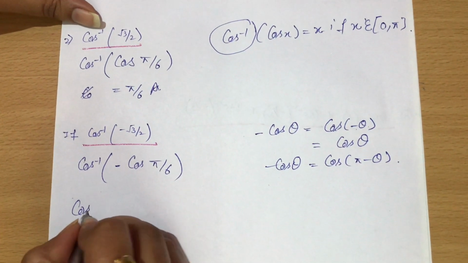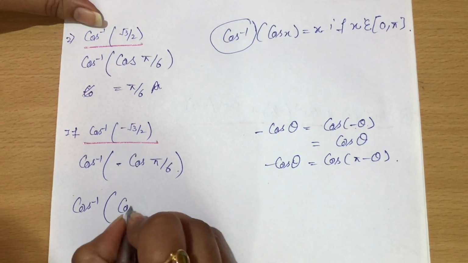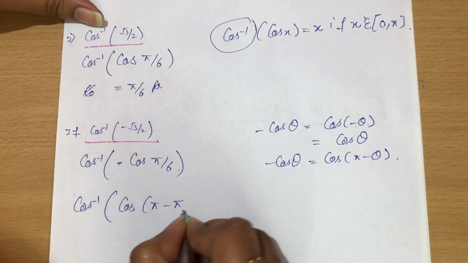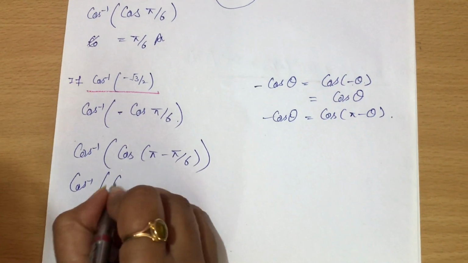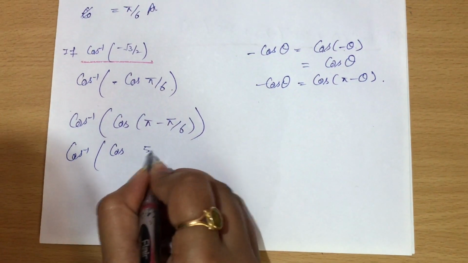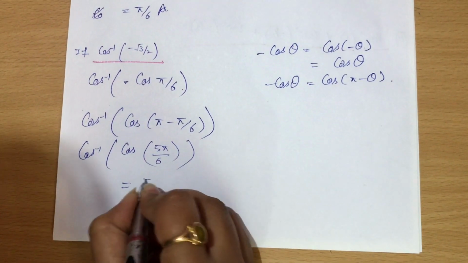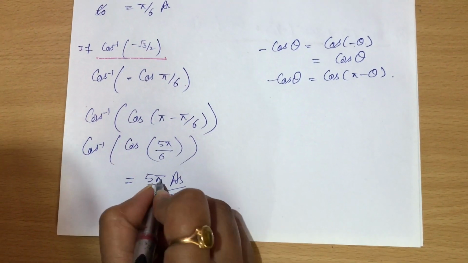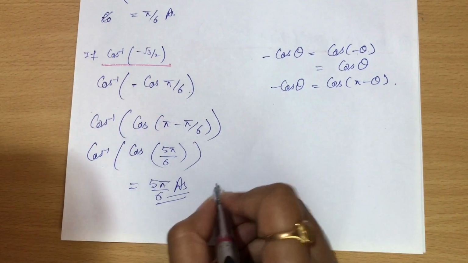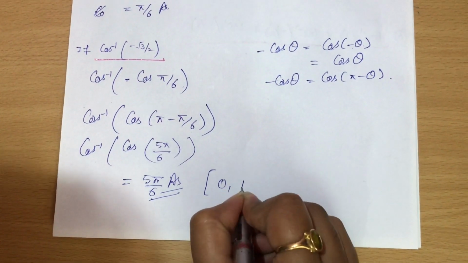Here theta is pi by 6, so by solving this you will get 5 pi upon 6, right students? And this is the answer, because 5 pi by 6 lies in the principal range of cos inverse, and that is 0 to pi.